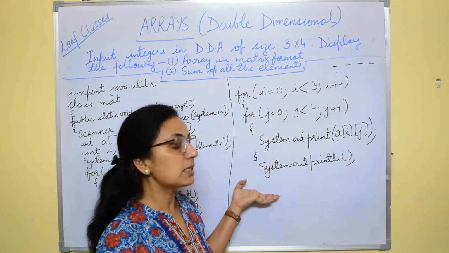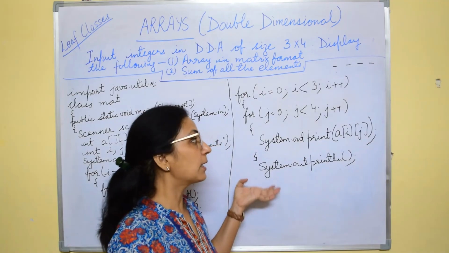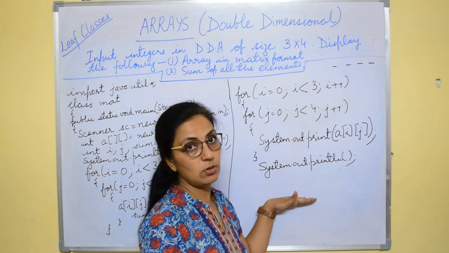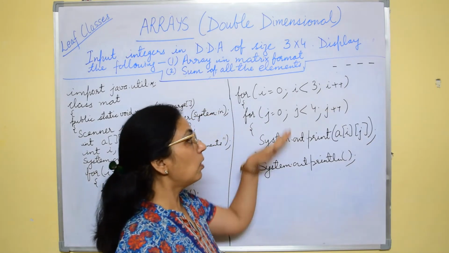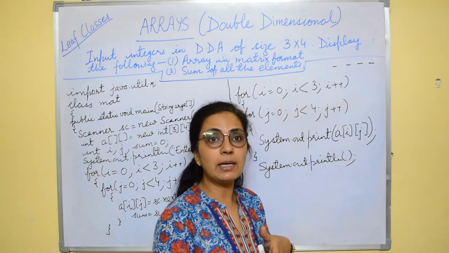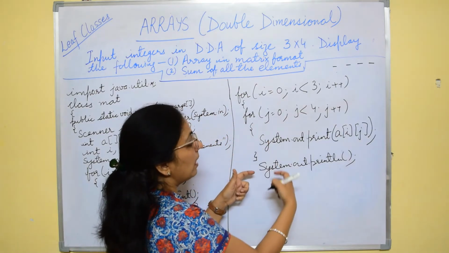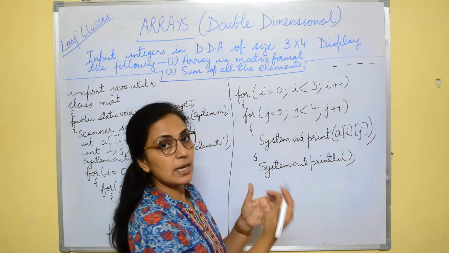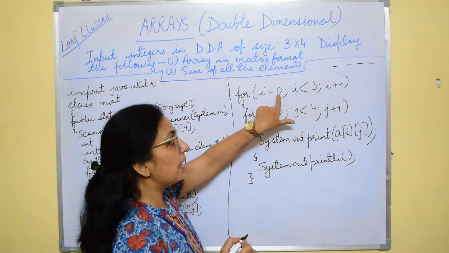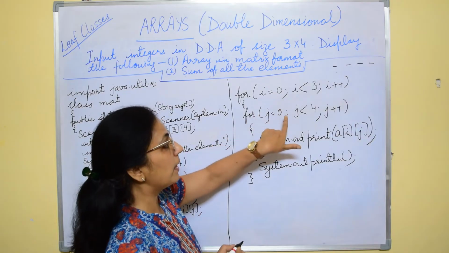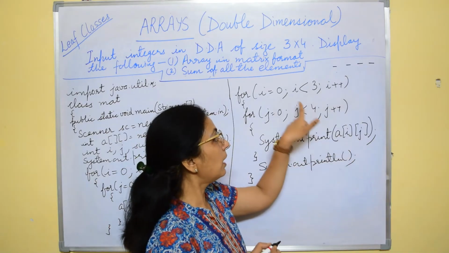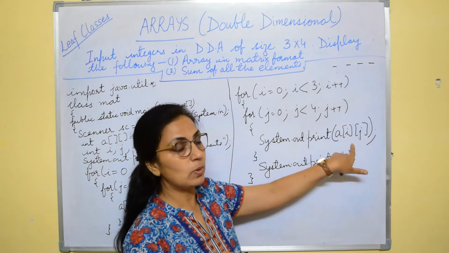हमने इस टाइप की नेस्टेड लूप वाले वीडियो में आप चेक कर सकते हो। पैटर्न प्रोग्राम, रेक्टेंगुलर पैटर्न प्रोग्राम प्रिंट कराने के लिए यही चीज यूज करते हैं। You can refer to that video to check different rectangular format. ये मैट्रिक्स भी क्या है? एक रेक्टेंगुलर फॉर्मेट ही है। तो यहाँ पर इनर लूप के बाद हम एक println स्टेटमेंट देंगे जिससे कर्सर नेक्स्ट लाइन पे मूव होगा। After that you will close the braces. इससे आपका i की वैल्यू इंक्रीमेंट होगी। Now i will become 1, j will again start from 0. सो कौन सी वैल्यूज प्रिंट करेगा? 1 0, 1 1, 1 2, 1 3 like this.